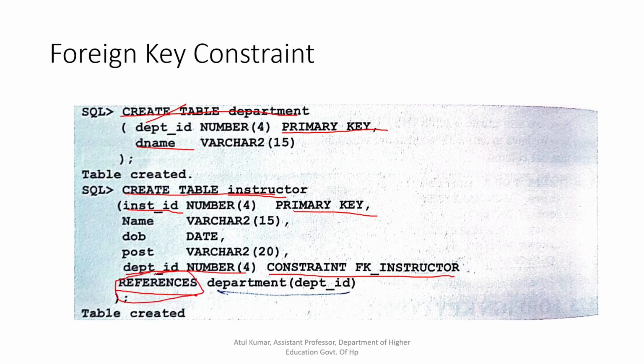References is basically a keyword, and department is the table which is referenced to create the foreign key. So department is the name of the table, and department id is the primary key of that department, and that is referred to as a foreign key in this instructor table.